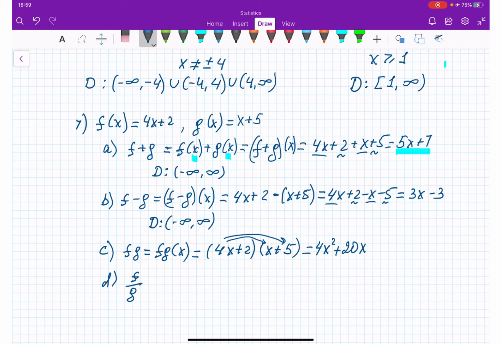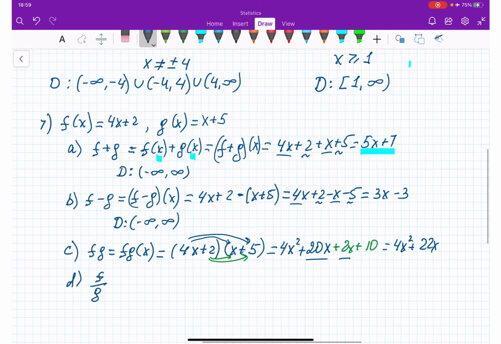And then 2 times x is plus 2x, 2 times 5 is plus 10. Like terms, and we get 4x squared plus 22x plus 10.